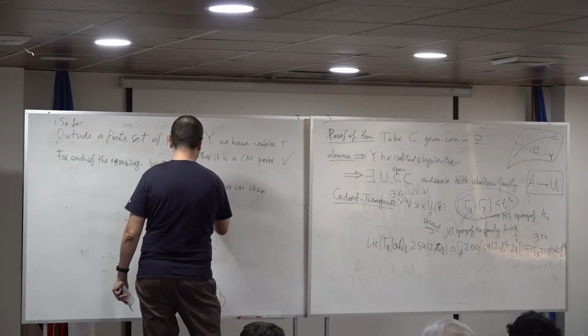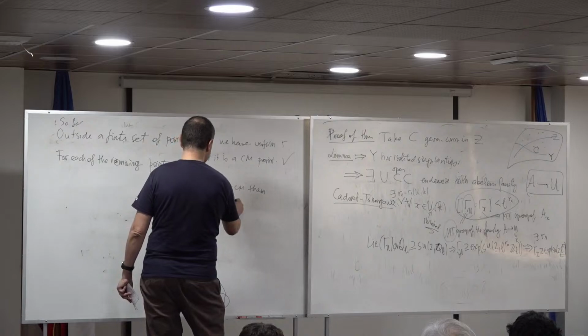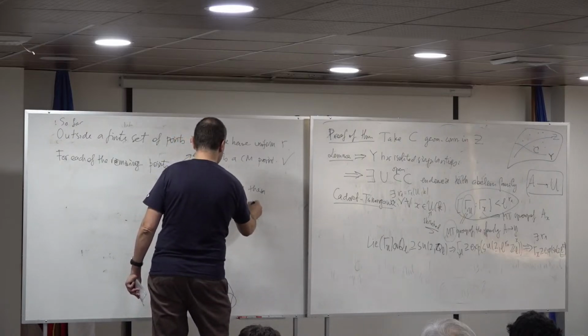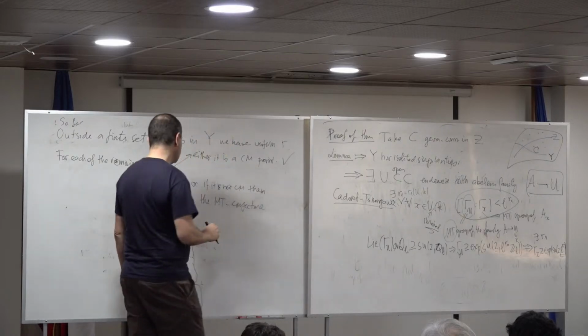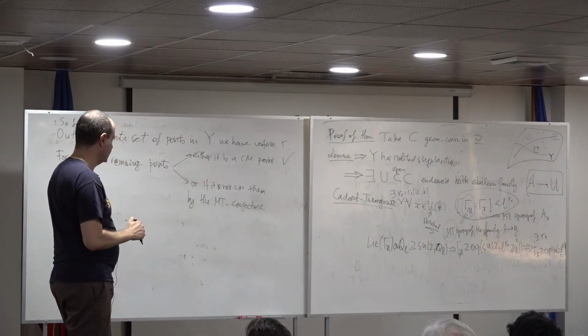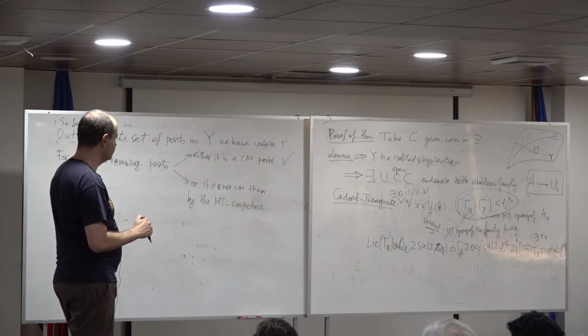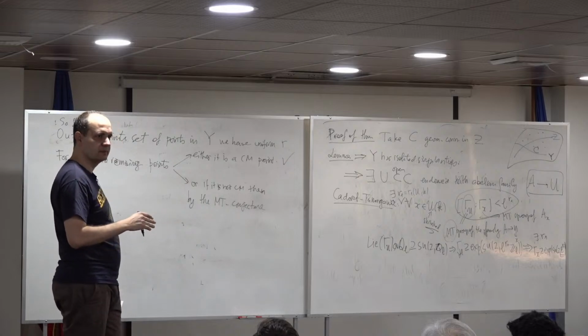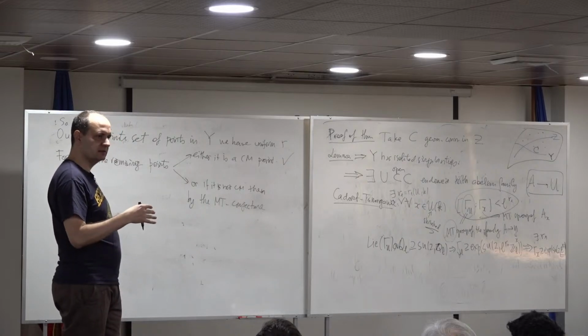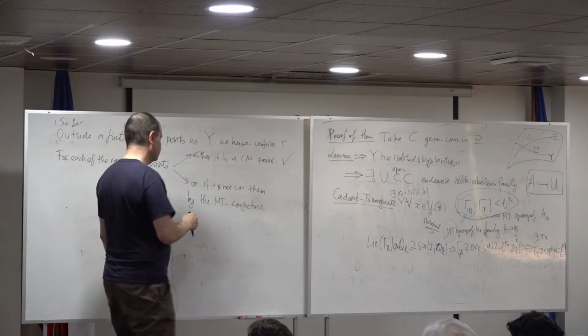by the Mumford-Tate conjecture, which is known for U3, we know that the Lie algebra of the image will contain an SL2. Therefore, this can be detected at some level.